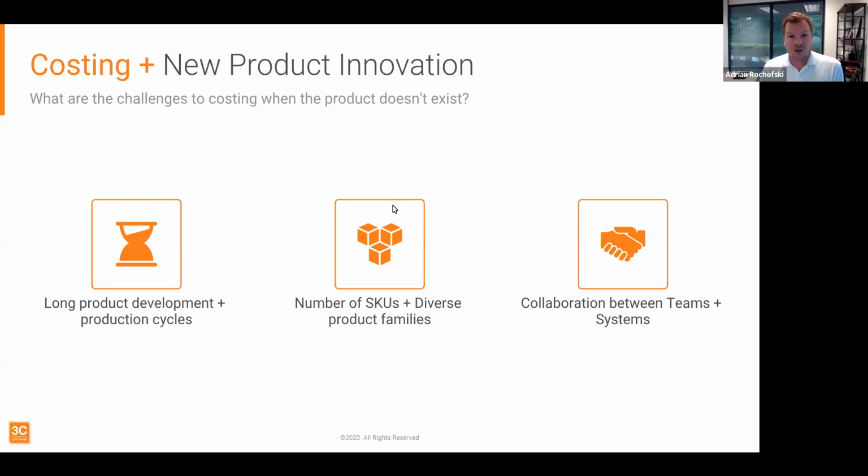And there's a lot of challenges that come with it, because a lot of times these are really completely separate, not just systems, but environments, and also even people who are talking to each other, right? So I want to pick your brain a little bit and ask you to share your experiences. What are some of the challenges to costing when it comes to this new product innovation cycle?